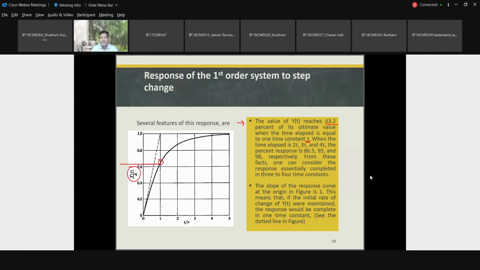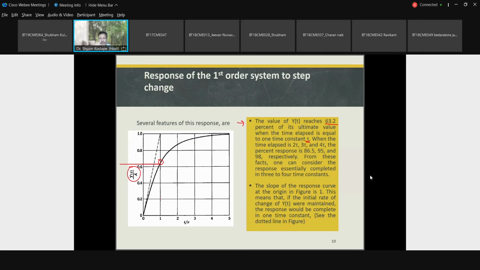Students, this is just a property, okay? And you can implement it at any value, at any change, at any magnitude. So we are just rounding it off. Whatever the change of any magnitude, we are considering it as 100%. To reach that 100%, it will take some time.